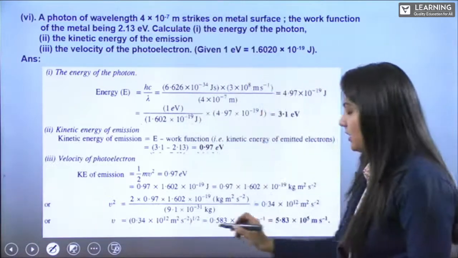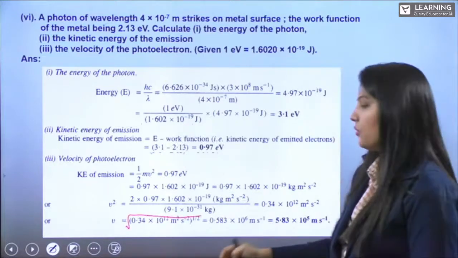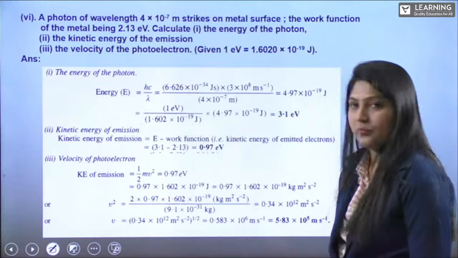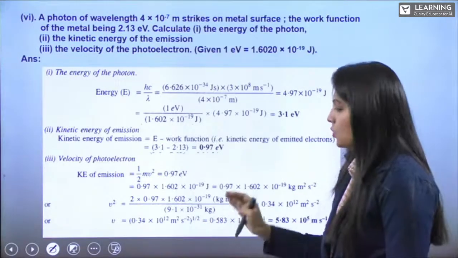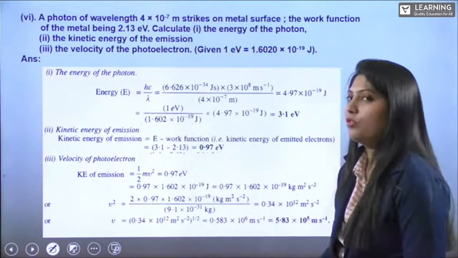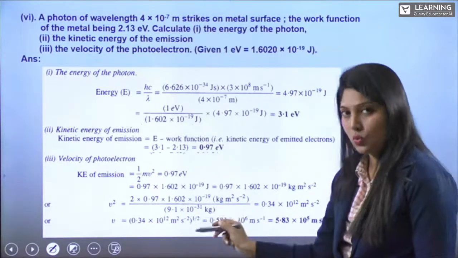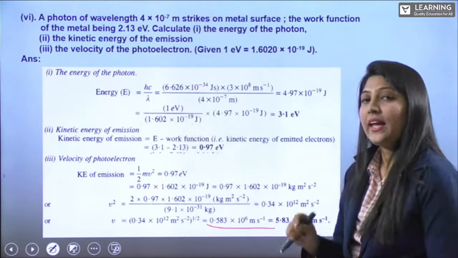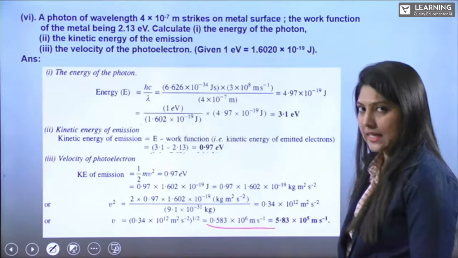We can write the square root here for all, or we can also take this as 1 by 2. If you take 1 by 2, that means square root of the given value. So the square root of 0.34 into 10 raised to 12 meter square per second square will be equal to 0.583 into 10 raised to 6 meter per second.